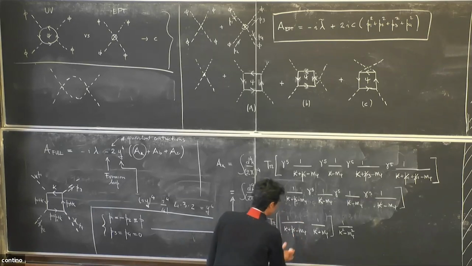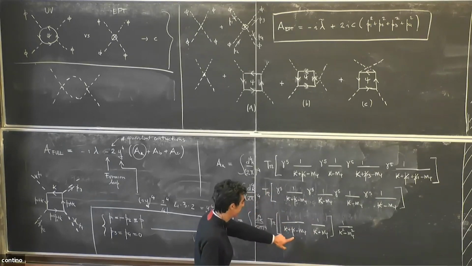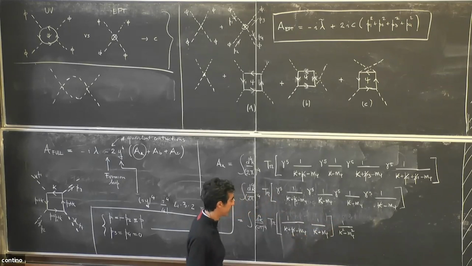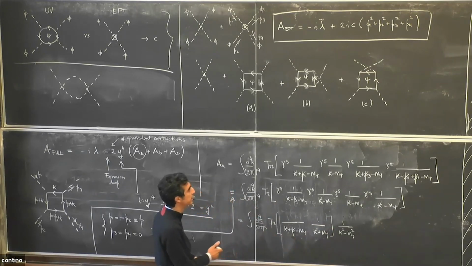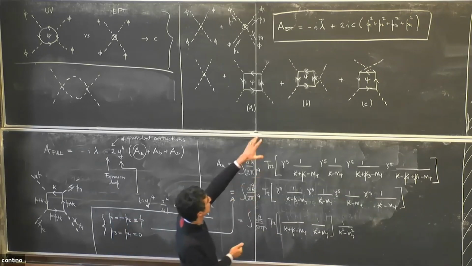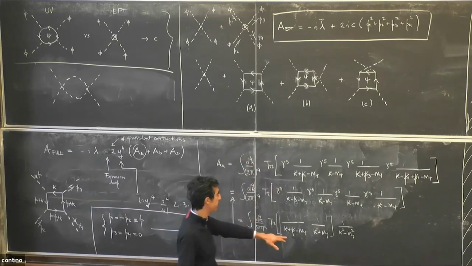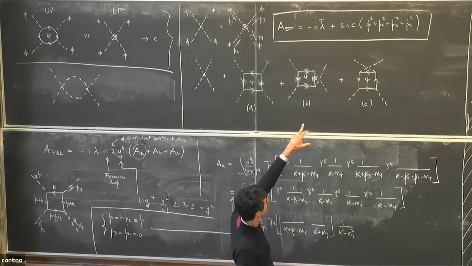So here, what do I need? Well, I don't need this calculation as a function of p. I just need the expansion for p going to 0, because I need the p to the 0 term, which will contribute to lambda tilde, and then p squared, which will contribute to c.